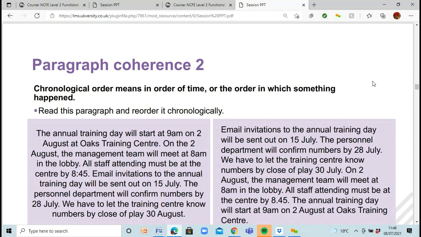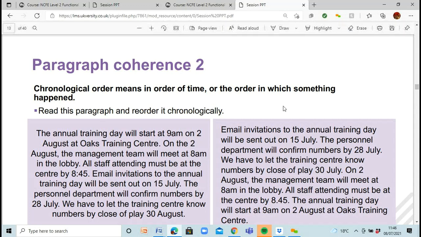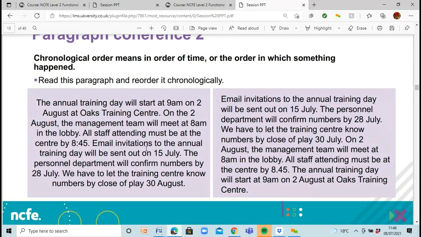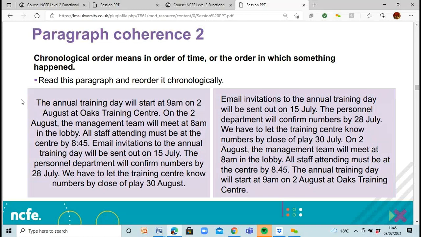So coherence again, with chronological order, we're doing it in the order something happened or the time something happened. So we're going to read this. It's not in a chronological order here, but the second one is. The first one says the annual training day will start at 9 a.m. on 2 August at Oaks Training Centre.